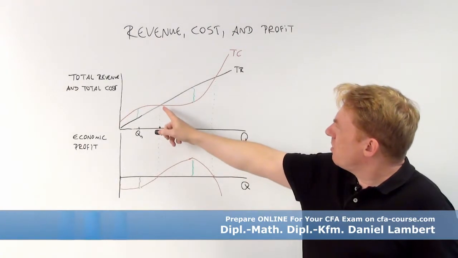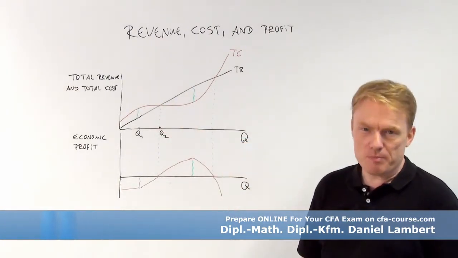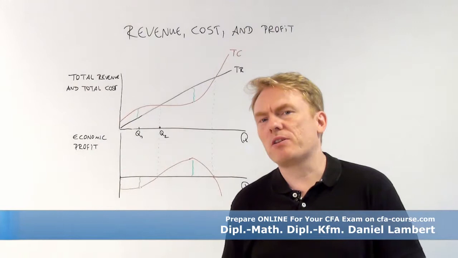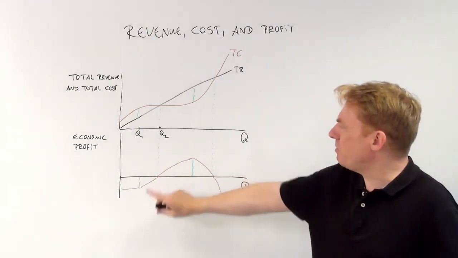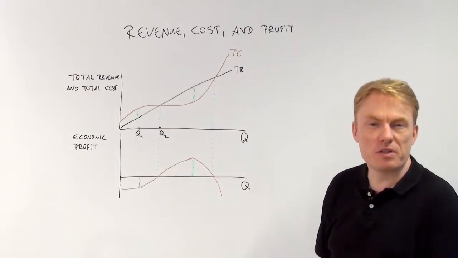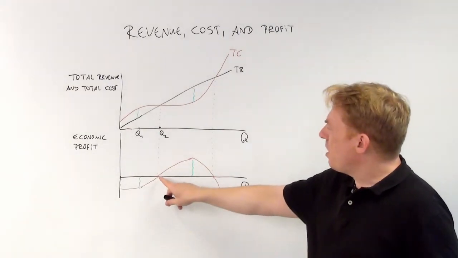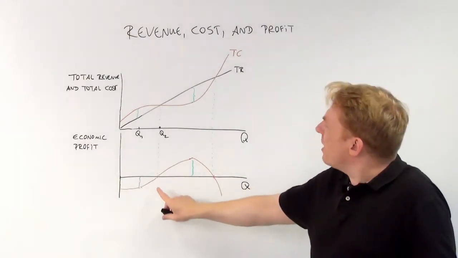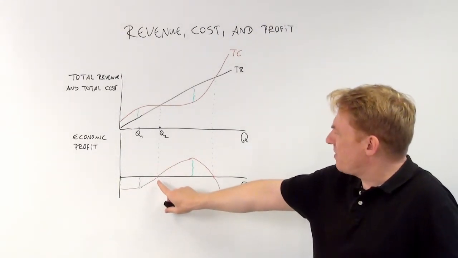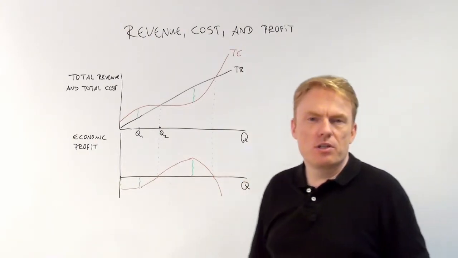And revenue and costs are the same. So as we subtract costs from revenue, we have just a profit of 0, which means the red profit line intersects this horizontal axis at the quantity Q2.